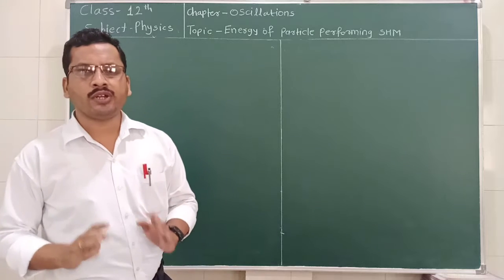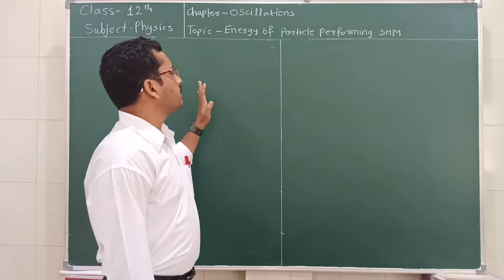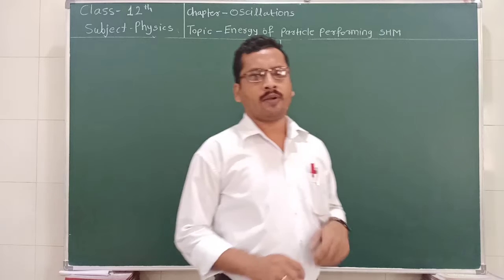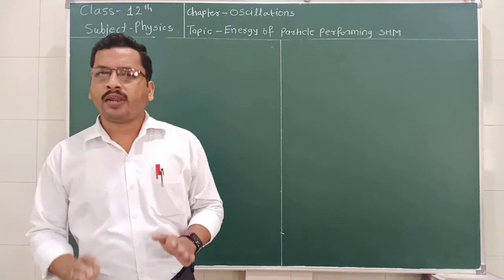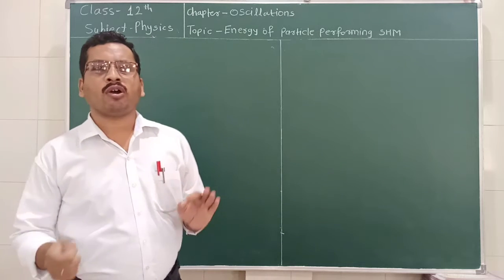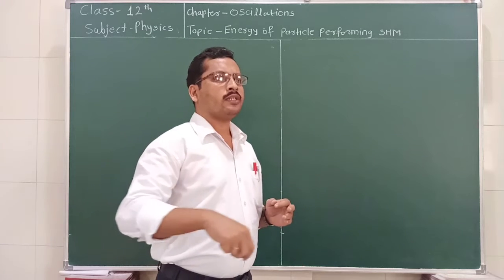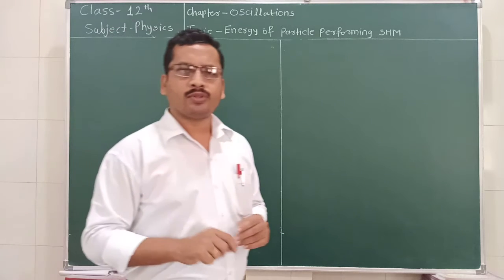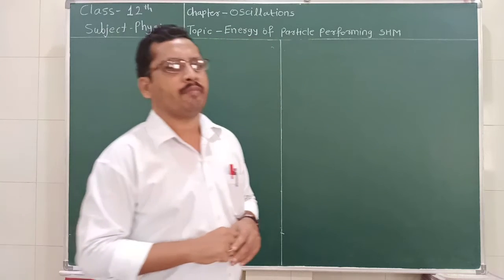Today we are going to discuss another very important topic in this chapter, which is the energy of a particle performing simple harmonic motion. Now we know that simple harmonic motion is the motion of an object which is always directed towards the mean position, and the force is always proportional to the displacement of the particle.